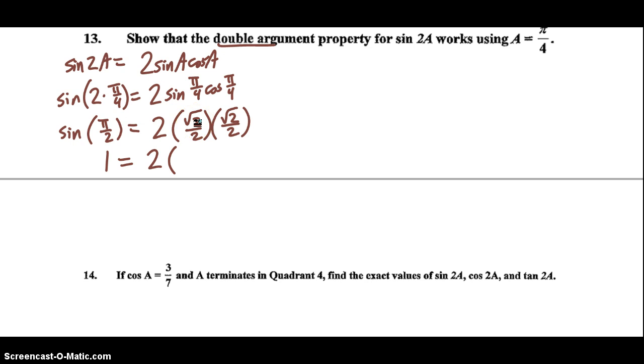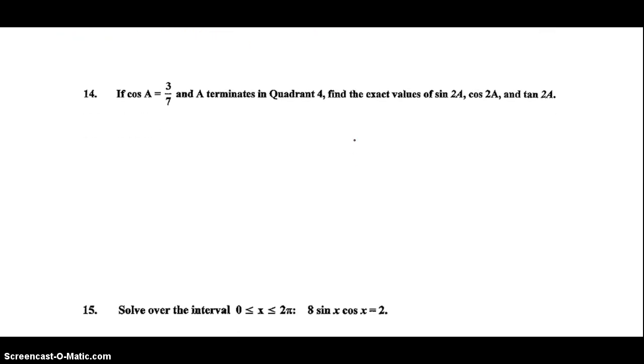Radical 2 over 2 times radical 2 over 2 is 2 over 4. Or if you'd rather simplify that, it would be 1/2, correct? 2 over 4, which would be 1/2. And 2 times 1/2 is, in fact, 1. So it does check out. That's all you're doing on this, is just showing that it works.